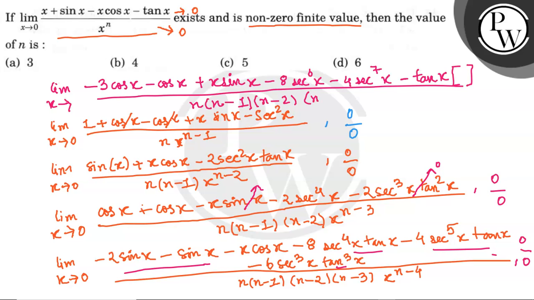The denominator becomes n into n minus 1, n minus 2, n minus 3, n minus 4, x to the power n minus 5.